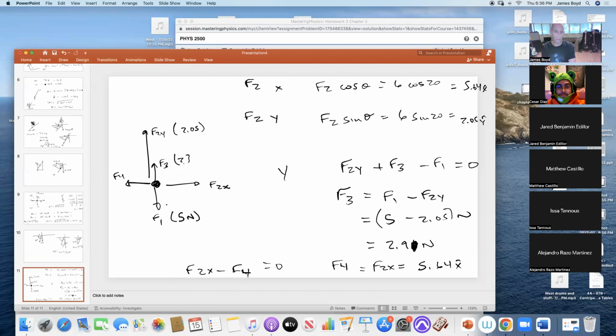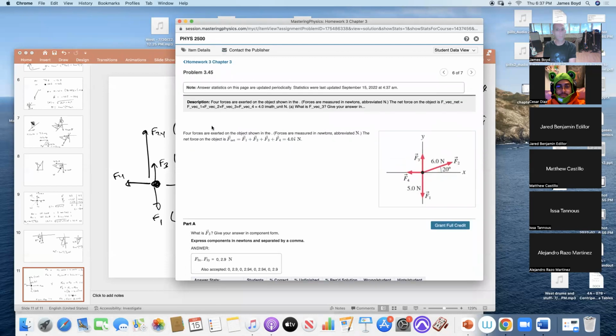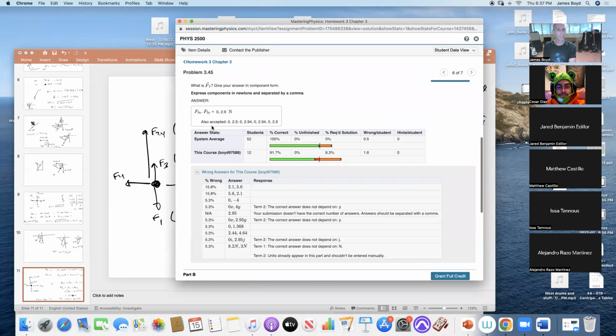6 cosine of 20. I believe that's wrong. F4 should be 6 cosine of 20 with a negative sign.